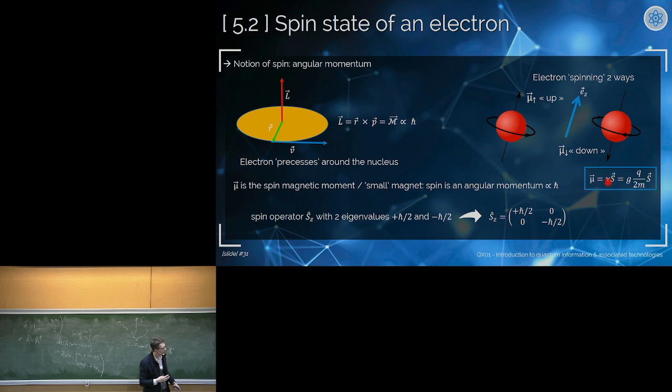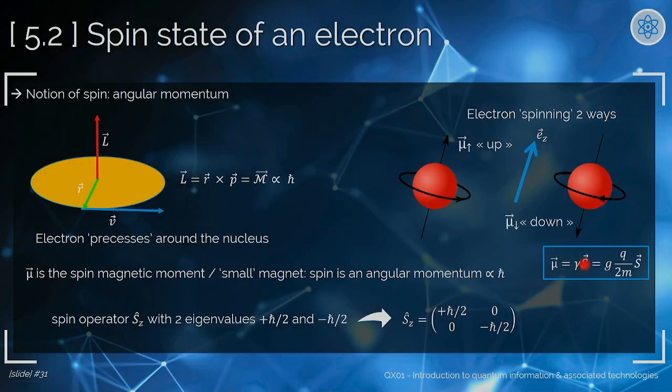So this is the classical equivalent. So mu would be some number gamma times vector s, where s is the spin vector. So mu is the spin magnetic moment, because the spin of an electron is actually sensitive to magnetic field. So in a way, we can see that electron spin as being a small magnet, where you have a north pole and a south pole.